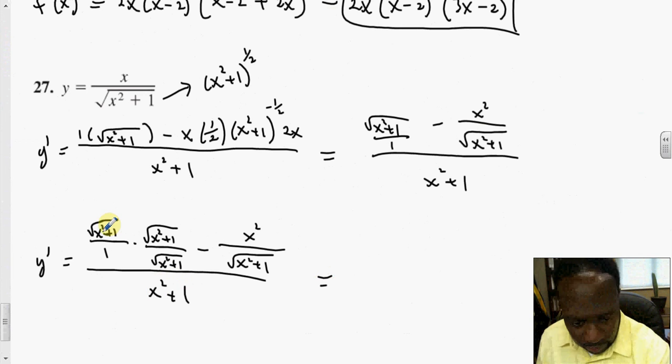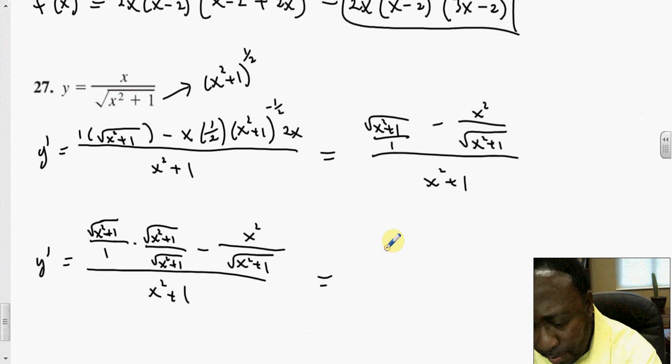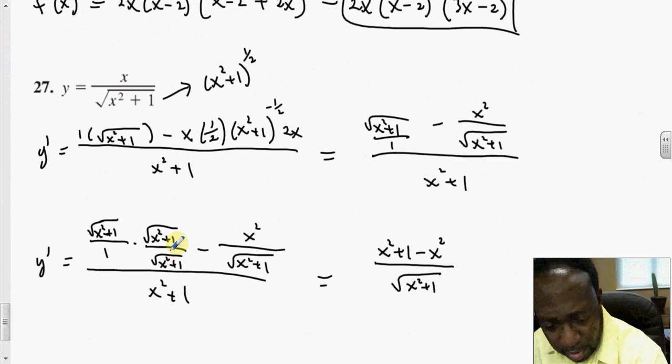So when you simplify, this becomes x squared plus 1 minus x squared over the square root of x squared plus 1. We have the same denominators. We can combine the numerators divided by the common denominator, and that was all over x squared plus 1.